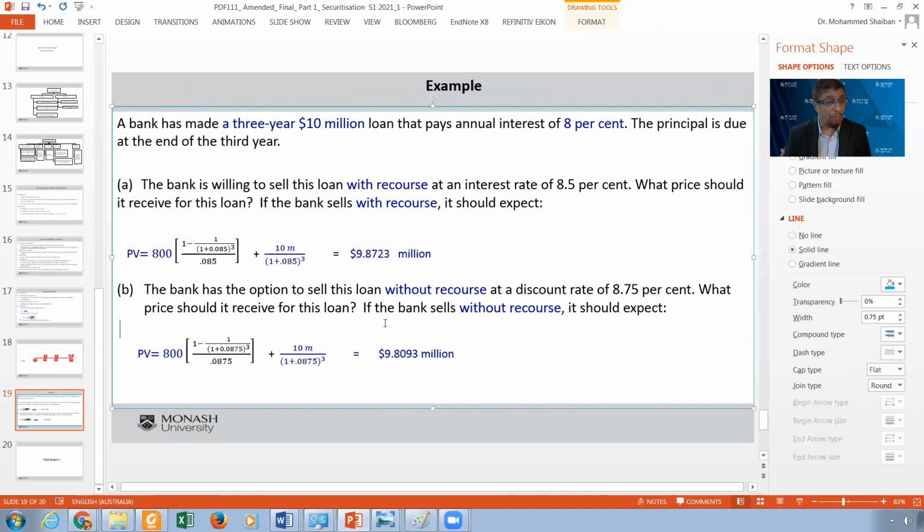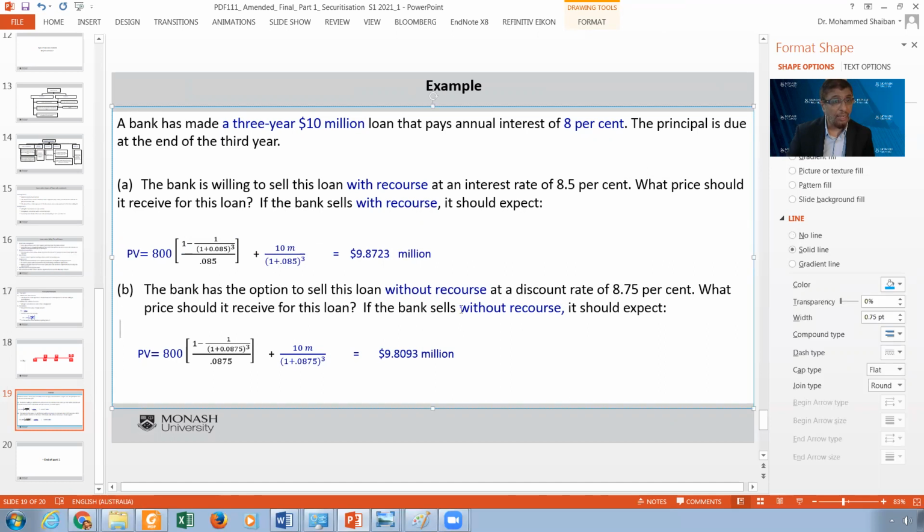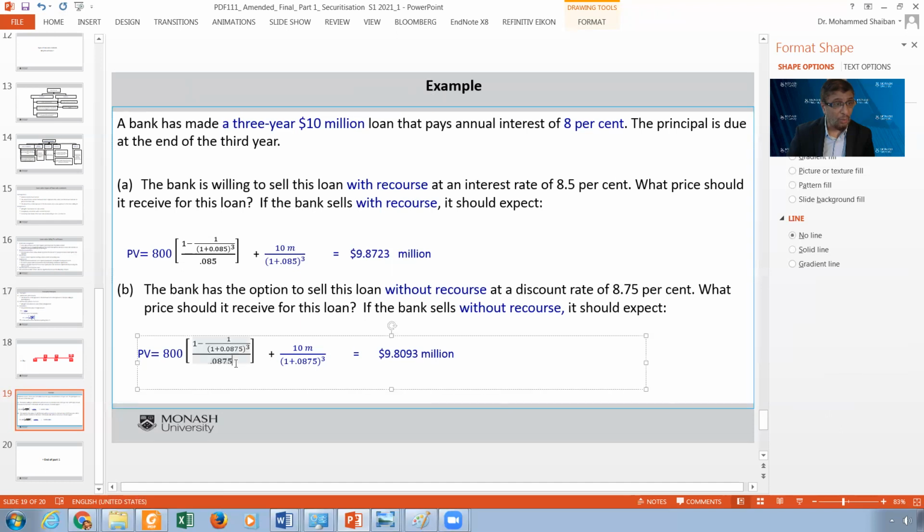But if the buyer is willing to go with assignment, and most loan sales are actually assignments, sold without recourse, which means the originator has nothing to do with any future credit risk, then the buyer will get it cheaper, and will ask maybe for 25 basis points more.